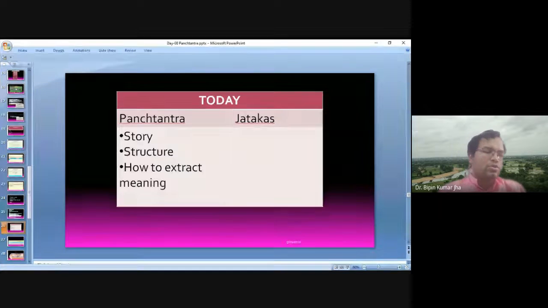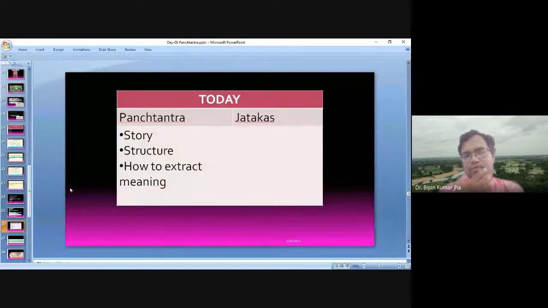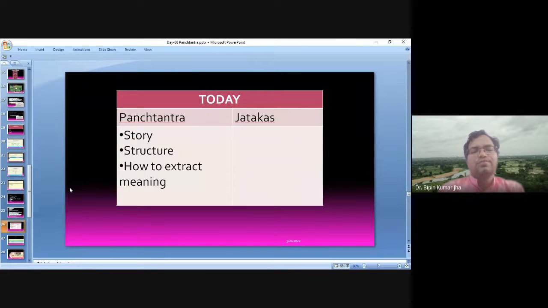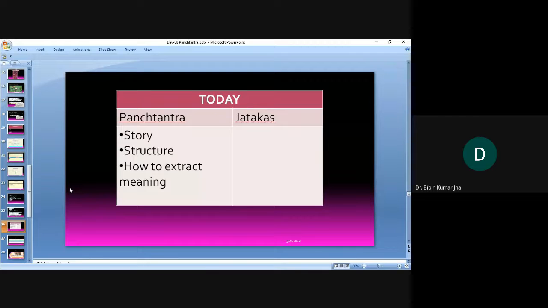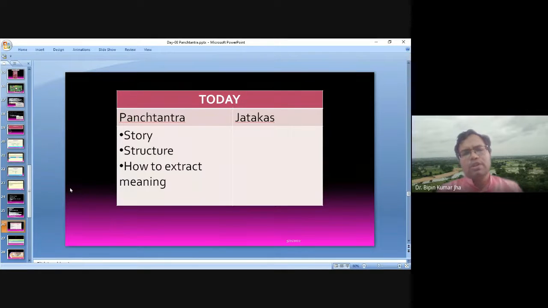Today what we are trying to understand, because we have explained all these things within 15 minutes, now we are trying to understand the Jataka stories. You know very well that when you are talking about a Jataka story, there are two main points you need to keep in mind.